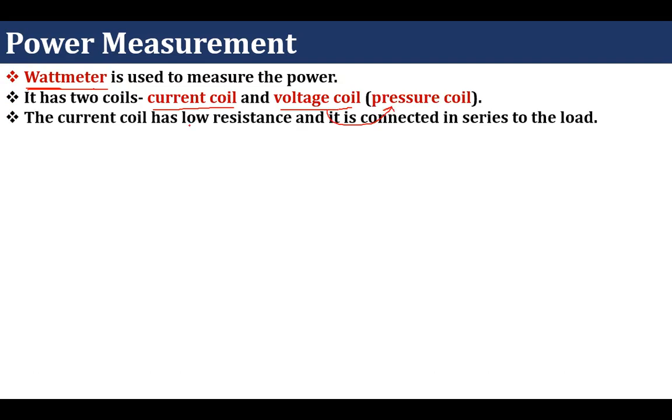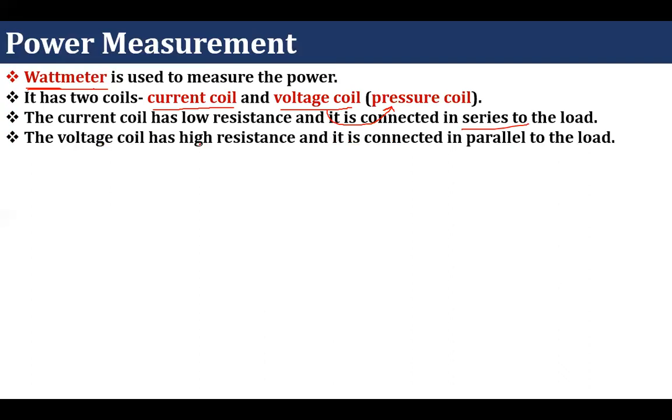The current coil has low resistance and it is connected in series just to measure the amount of current. It is the same fashion in which we are connecting an ammeter. The voltage coil has high resistance.